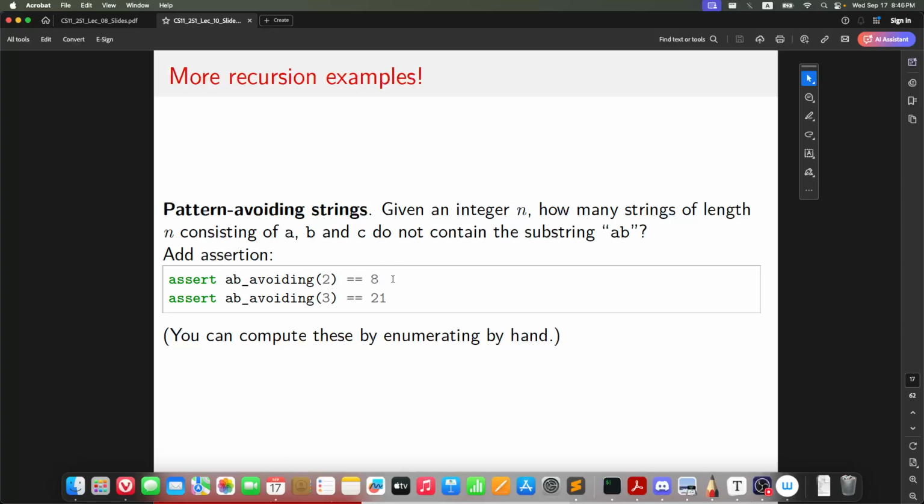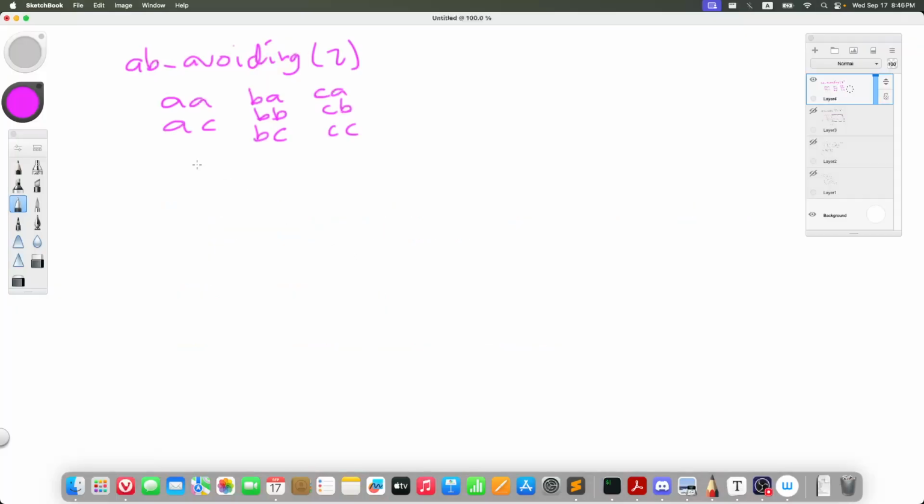So let's try to do recursion. Let's try to choose the first character. Well, we have 3 options.